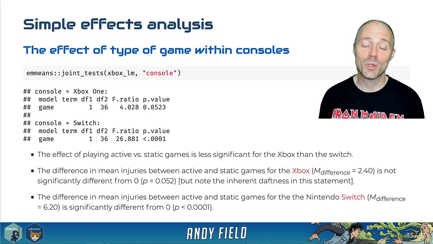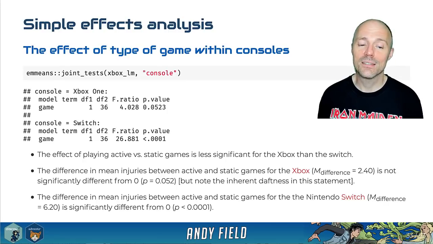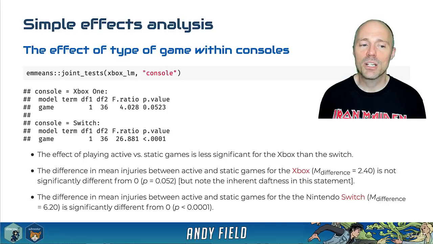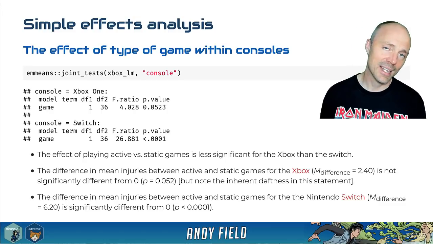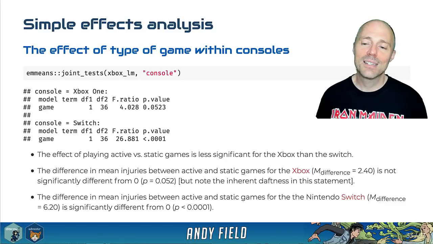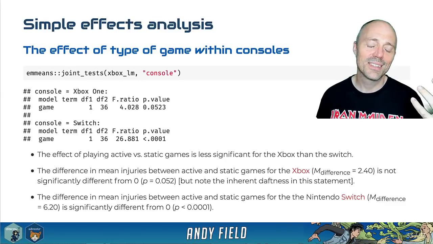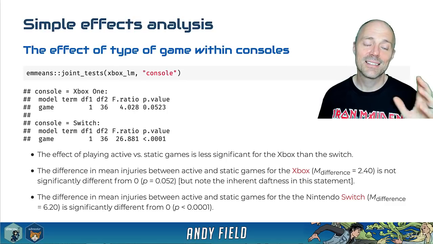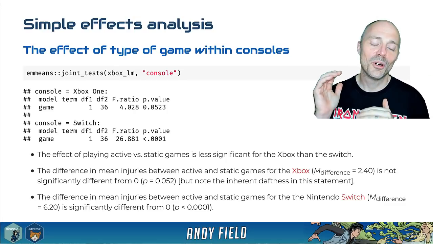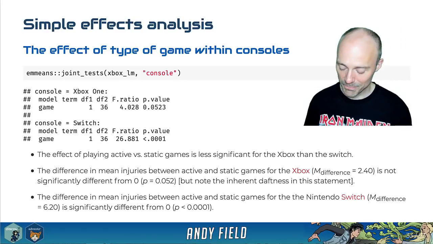So that difference of 6.2 is significantly bigger than 0. So what we've basically got is a much stronger effect of game when on the Switch than the Xbox. So active games versus static games, the difference in level of injury is bigger for the Switch than it is for the Xbox.